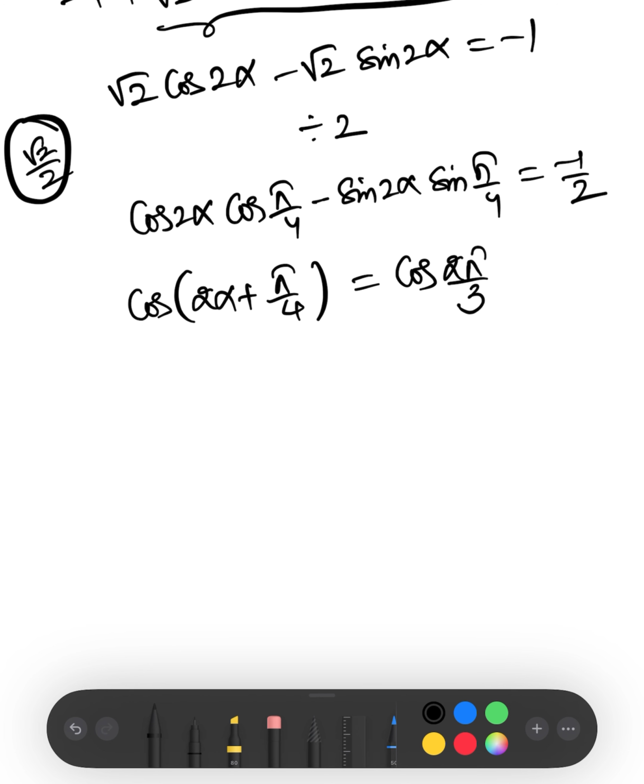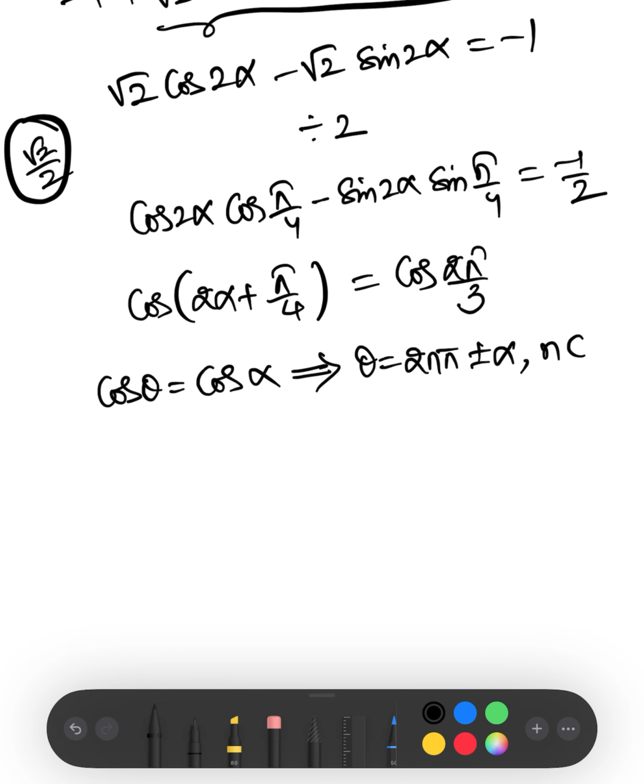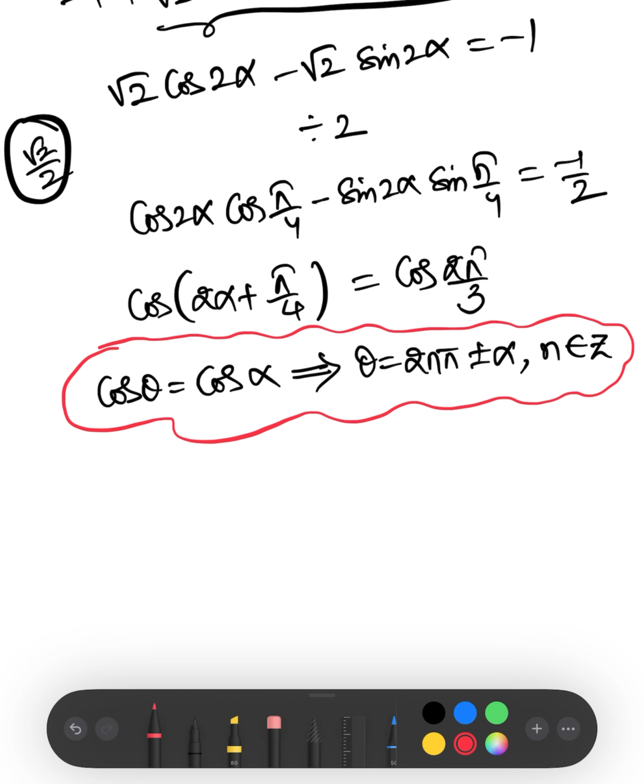Now clearly it is in the form of cos theta equal to cos alpha. Here we will discuss one more important formula in trigonometric equations. In case of cos theta equal to cos alpha, theta equals 2n pi plus or minus alpha, where n belongs to any integer. So very important concept here.